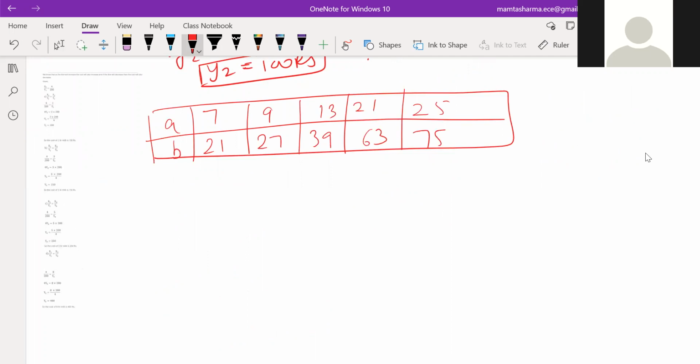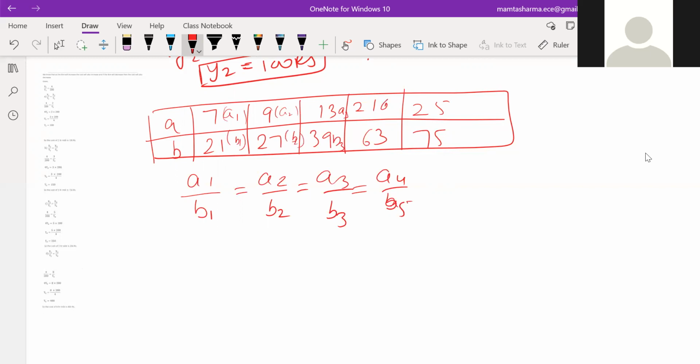See, in direct proportion, A1 by B1 should be equal to A2 by B2, should be equal to A3 by B3, should be equal to A4 by B4. Let's say this is A1, this is B1, this is A2, this is B2, and so on.